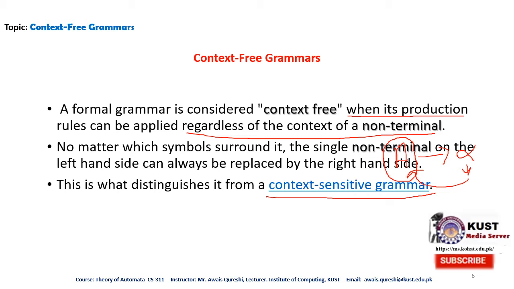The word sensitive means that we need to follow some specific rules as they are, but in context free, we are not bound to specific rules. Although we are using some rules, it does not mean that we cannot replace this non-terminal in substrings with some value like alpha, as compared to context sensitive grammars.